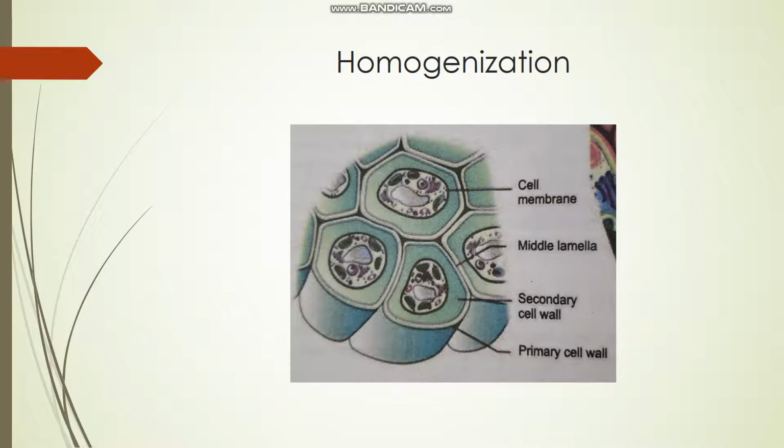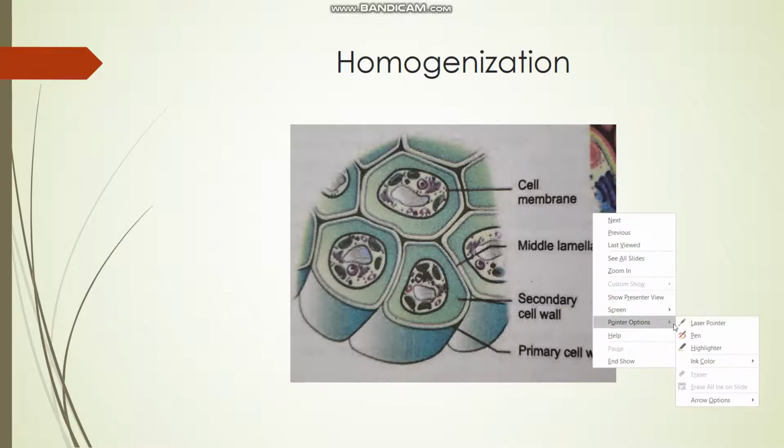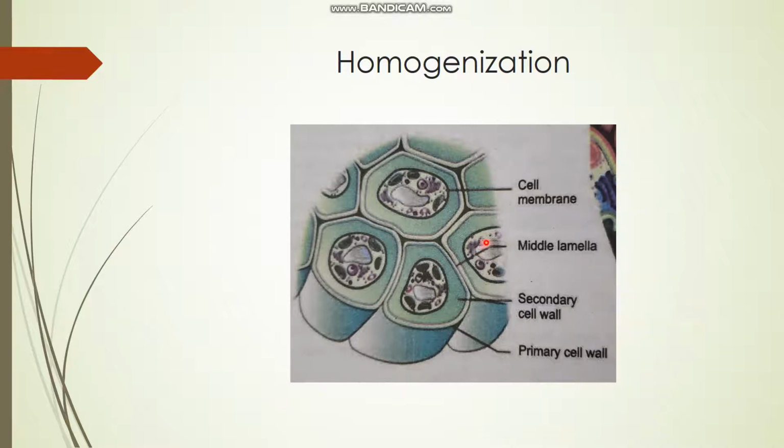If we are talking about plant cells, you can see here that these cells are joined together in the form of a tissue, and here you can see many cells joined together. Where the pointer is, you can see the middle lamella.